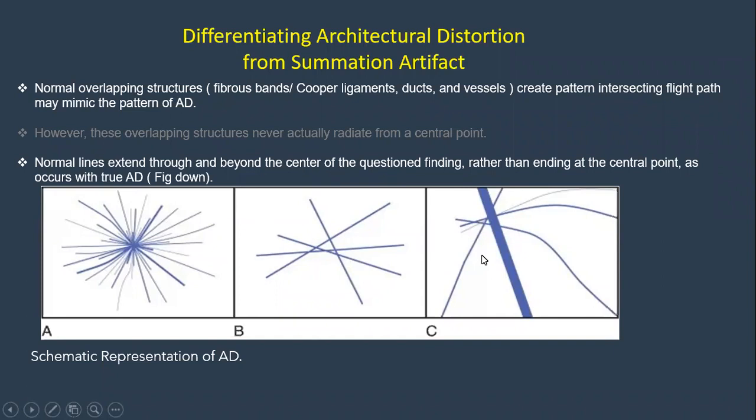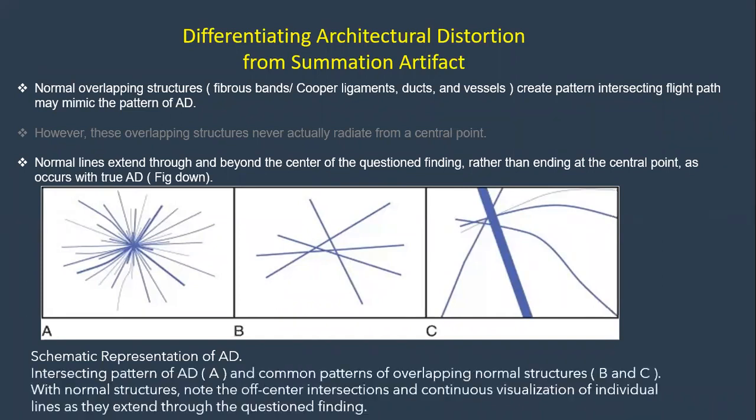You see, by passing and crossing this, these are normal structures, just overlapping. So A is architectural distortion, and the common pattern of overlapping normal structures is in B and C, with normal structures, not off-center, intersecting, and continuous visualization of individual lines extending through the questionable finding. Okay, so this is the difference.